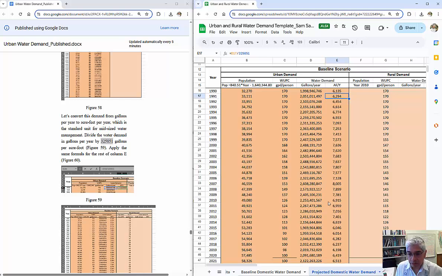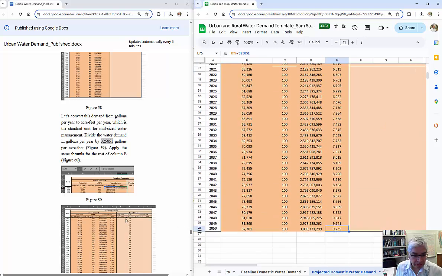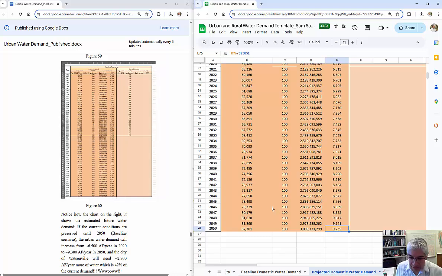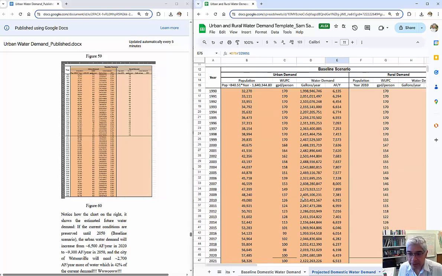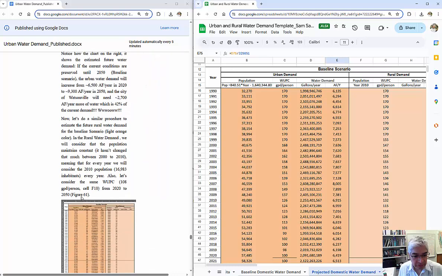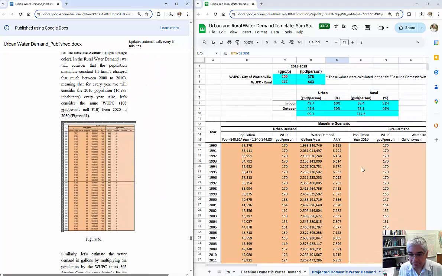So we have it all the way until here. And these are close enough. It's 9137, 9141, and so on. So we have it in there. For the population in this one, we're just gonna consider the population that we have in 2010, which is this many people.